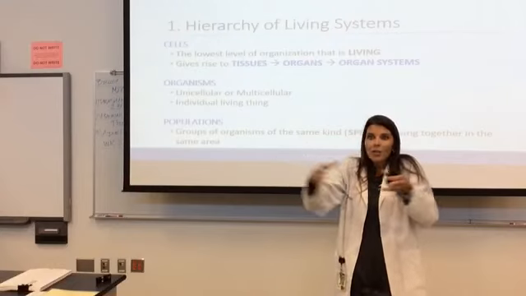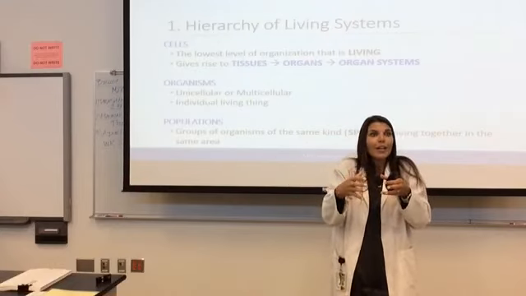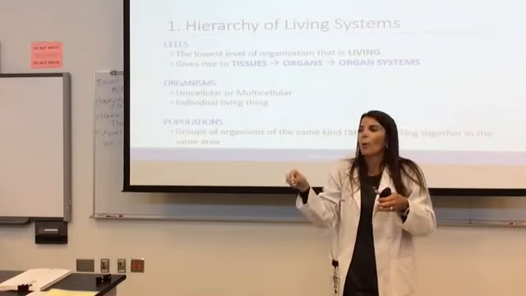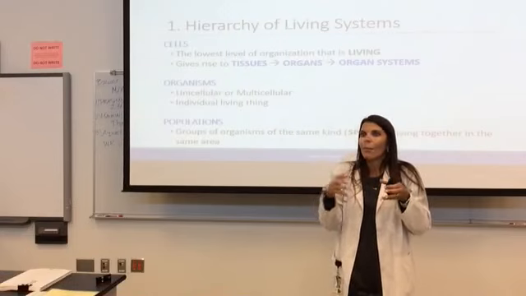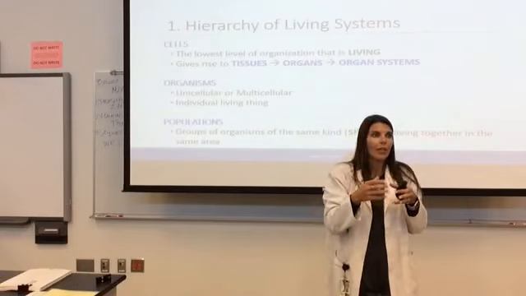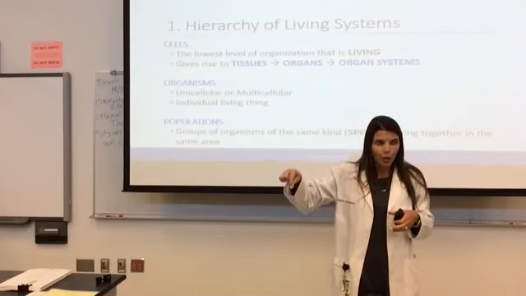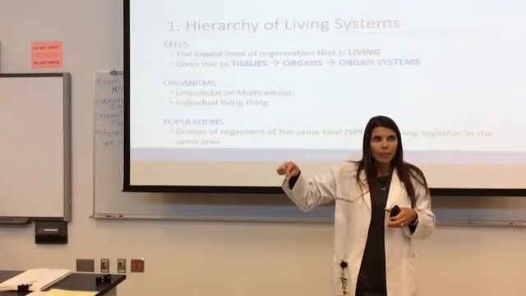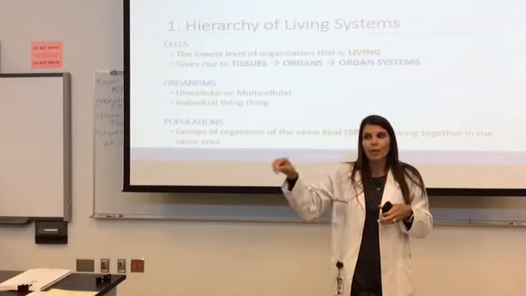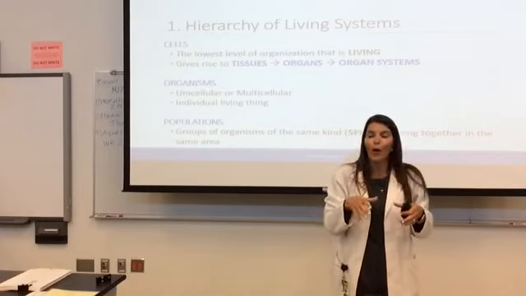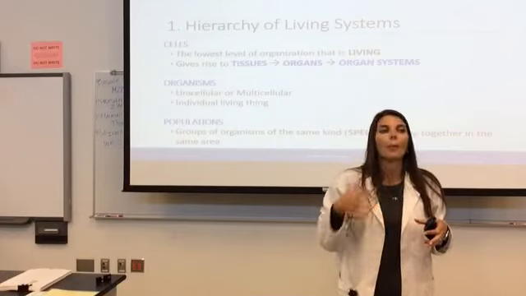But when I put a bunch of cells together, they can do more. That's an emergent property. They have more characteristics when they're all together than they do when they are alone. Can a tissue do what a cell does? Yes, but can a cell do what a tissue does? No. That's an emergent property.